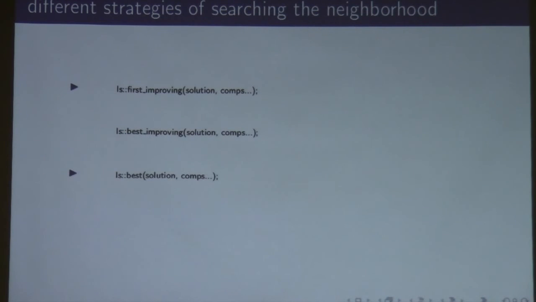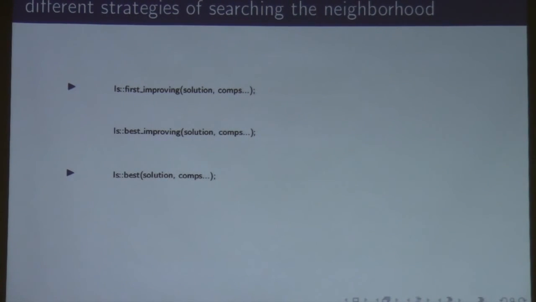And there is the best strategy, which just takes the best move and applies it, so it could be non-improving. And from our experience, these three strategies cover all the cases that we were able to think of. And even if you think of something fancy, it can be, at least from our experience, reduced to one of these three strategies.